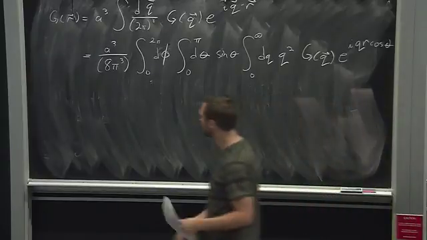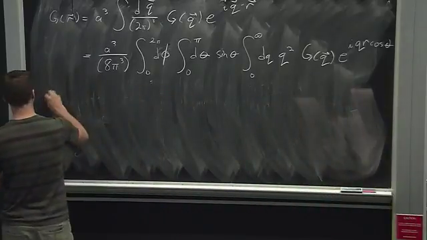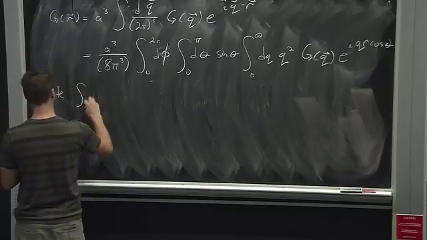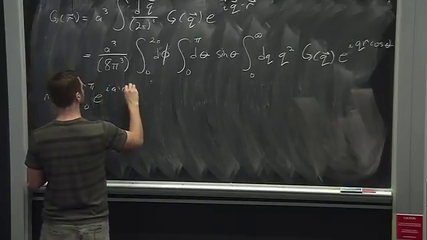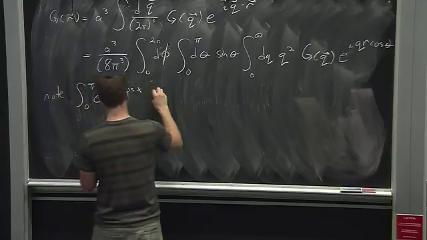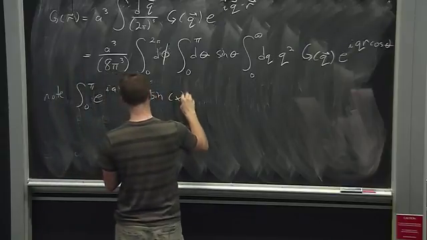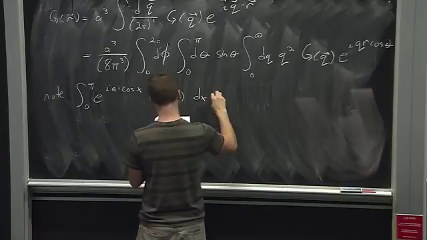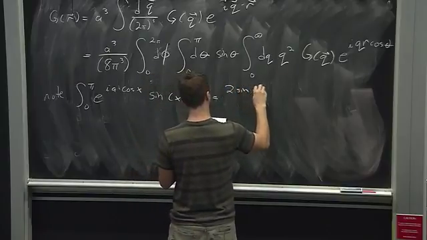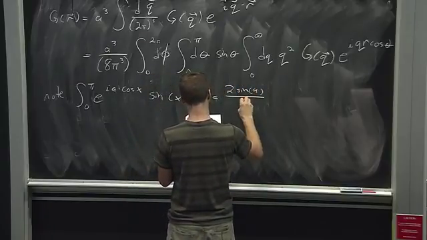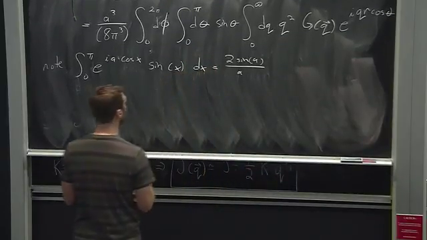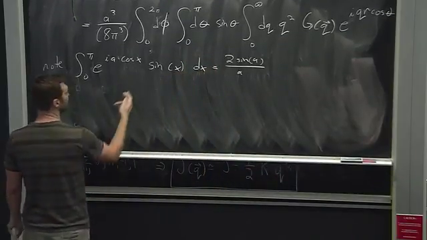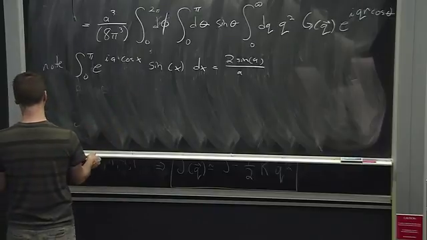So we need an integral of e to the i a cos x, let me call it sine, that theta integral can be done with this.